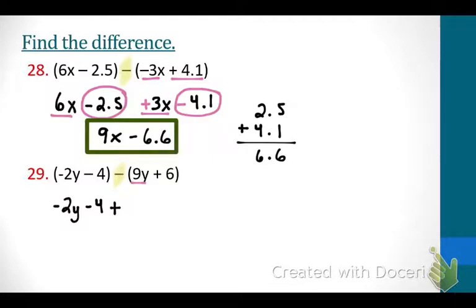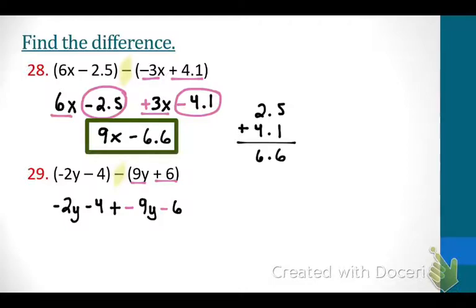Okay, so this positive 9y is going to become not a plus. It's just 9y. Nope, it is a positive right now, so we need to make it the opposite, which would be negative 9y. And then you can see there's a positive 6. Isaac, what will I make that? A negative 6. Notice once again, all I've done is change the sign of both the things in that parentheses.